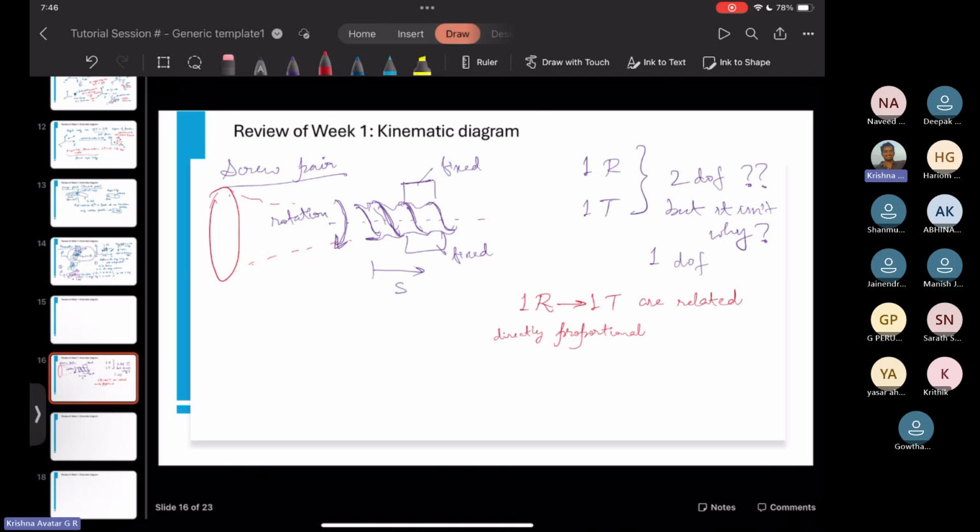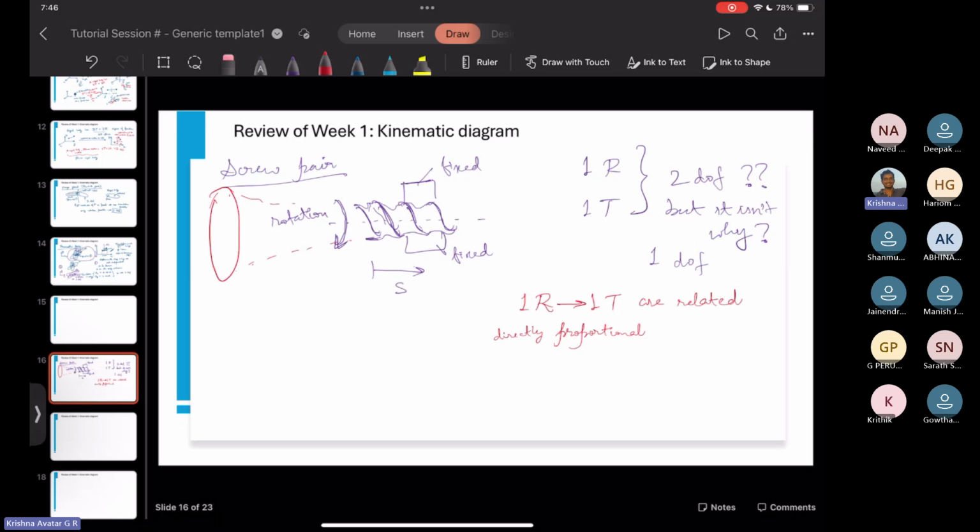I just want to say that if there is, say, 1 degree rotation, say rotation is some theta, and this is proportional to delta S. It so happens that delta S is equal to K into delta theta, where K is a constant.